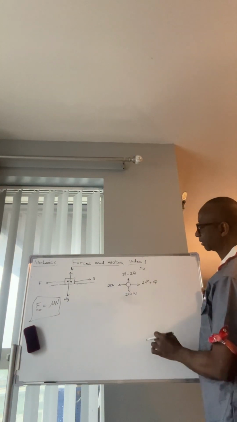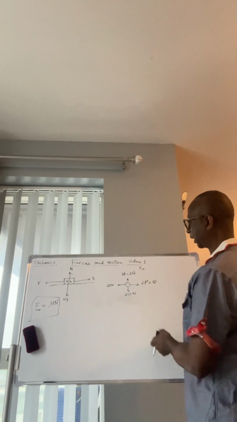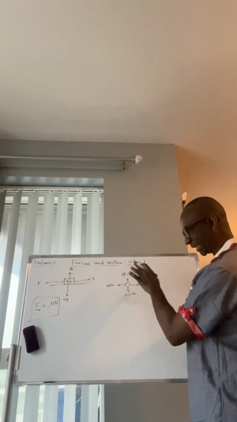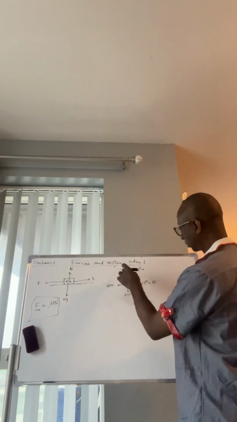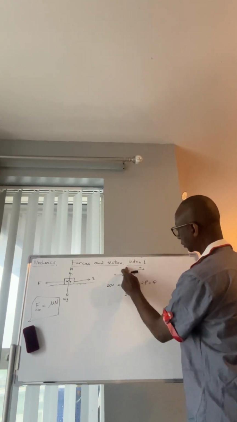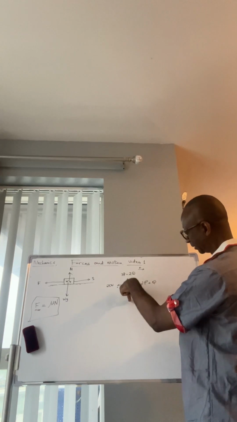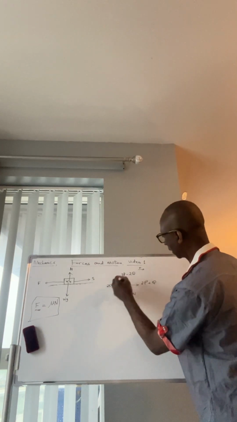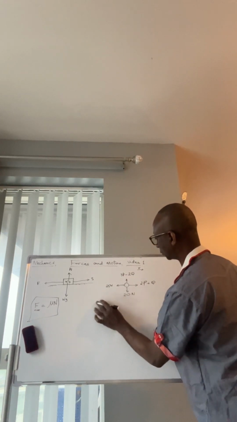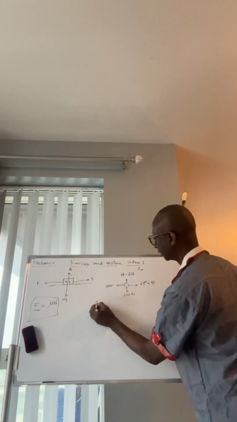So again, we know this is stationary. The forces cancel, all the net forces. So it means this normal force is equal to the weight of this object. So therefore we have, let me start with the 20, 20 newtons.